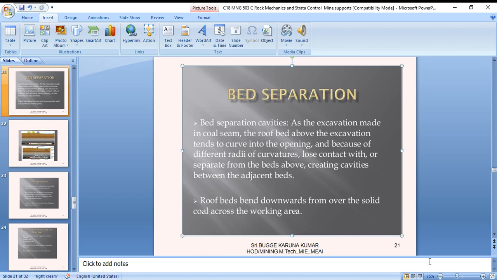The bed separation activity occurs as the excavation is made in the coal seam. The roof bed above the excavation tends to curve into the opening, and because of the different curvature, loses contact or separates from the beds above, creating cavities between the adjacent beds. Roof beds bend downwards from over the solid core across the working area.